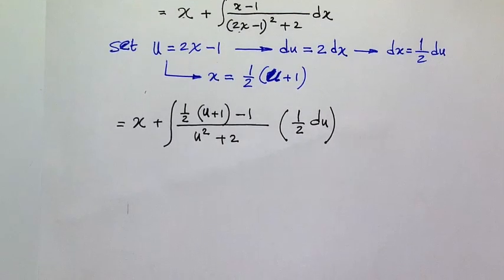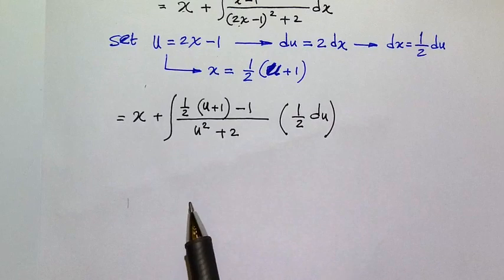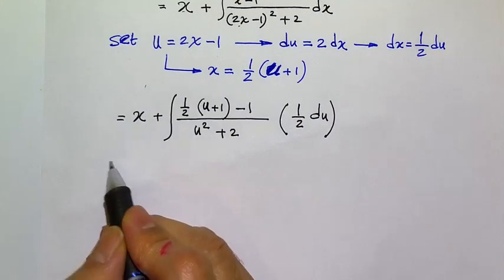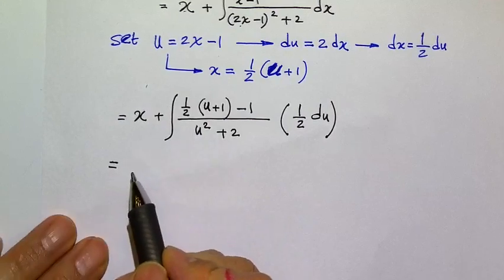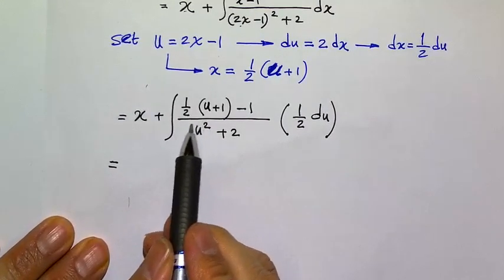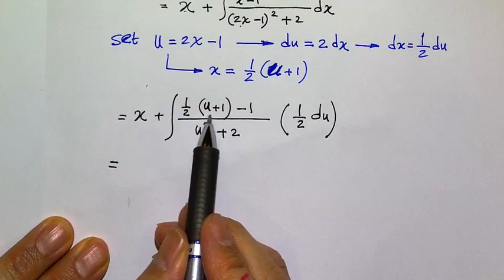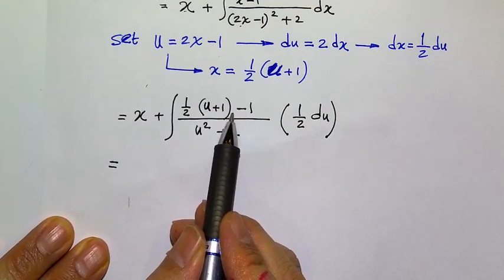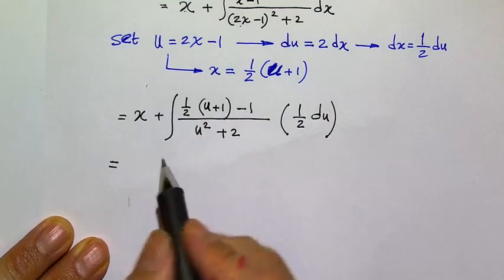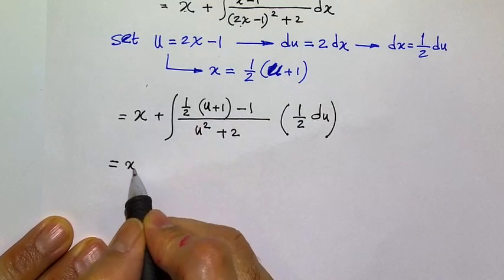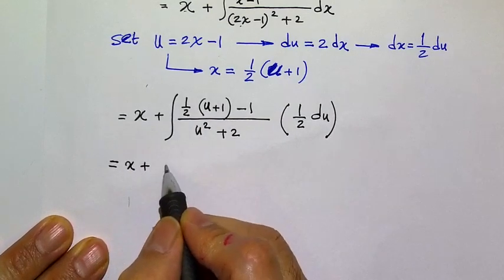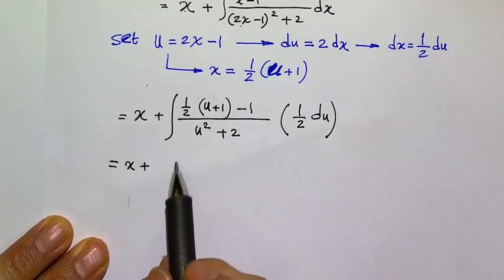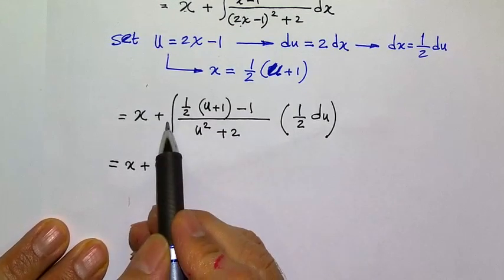Okay. So now we have, all right, we need to simplify this. 1/2 u plus 1/2 minus 1, that's minus 1/2. So let me write it here. So x plus, this 1/2, I'm going to put that in front.